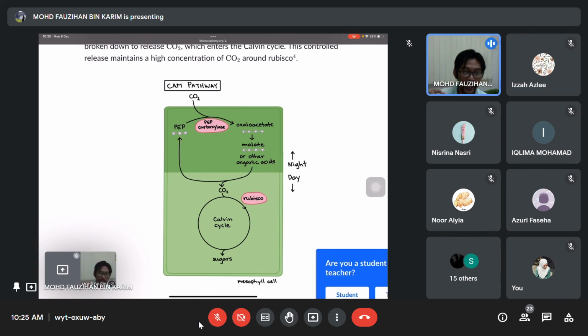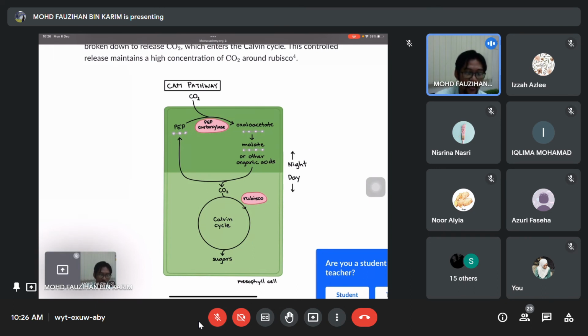During the day, malate or other organic acid will release the carbon. There is a reaction, of course, involving enzymes as well, but the idea here is that malate, also called malic acid, or other organic acid will release one carbon dioxide.